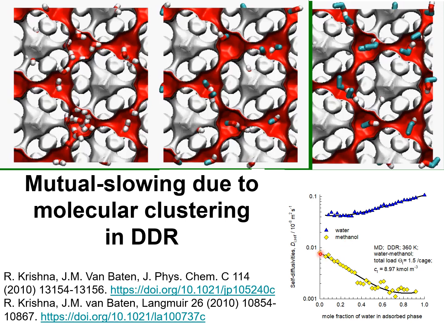For example, the diffusivity of methanol is reduced by 1 order of magnitude with increased proportion of water in the adsorbed phase. Concomitantly, the self-diffusivity of water is reduced with increasing proportion of methanol in the adsorbed phase.